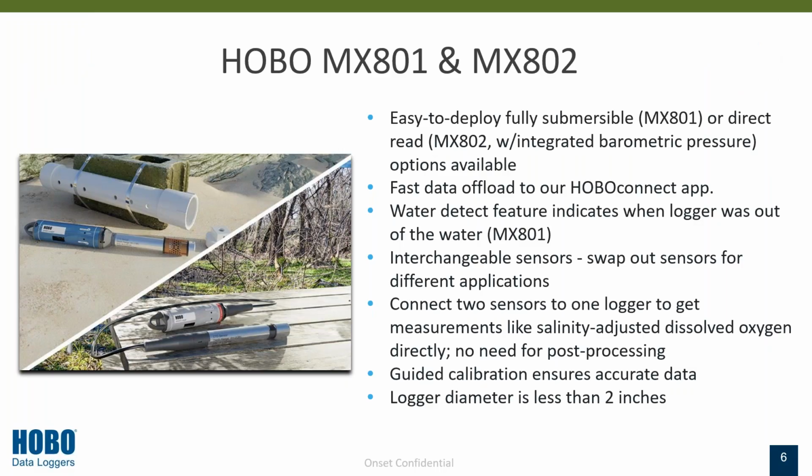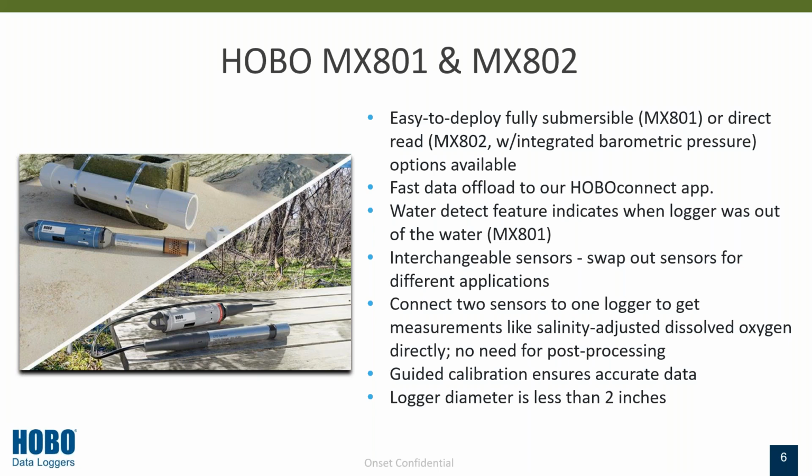Let us talk a little bit about the MX800. This logger currently comes in two different loggerhead options. You have the MX801, which is your fully submersible logger. It can go directly into the water with the sensor connected to it, and it also offers a built-in water detection feature.